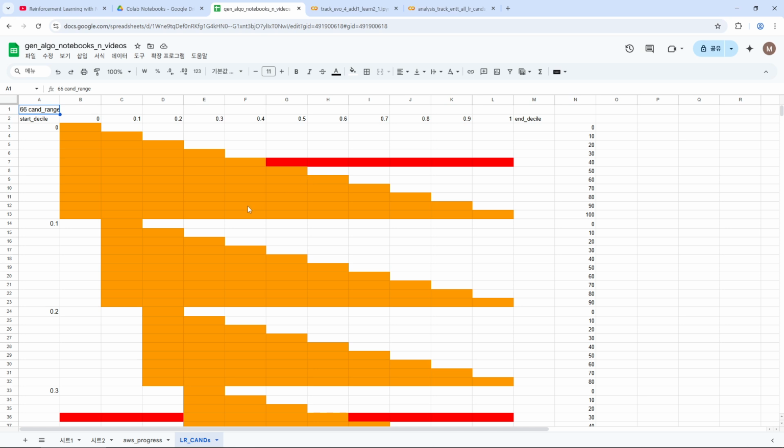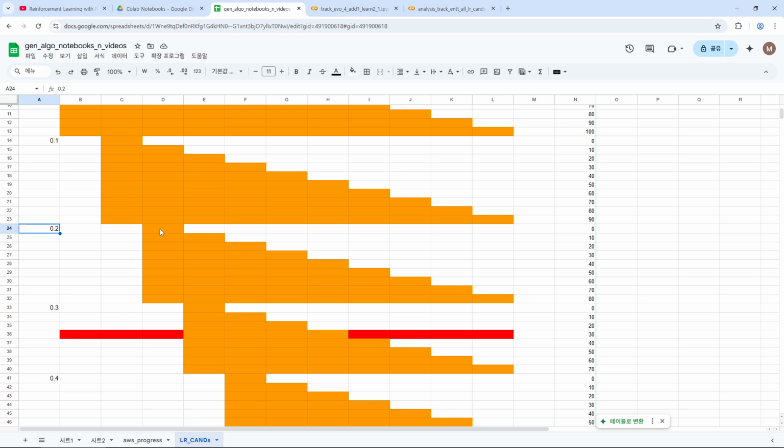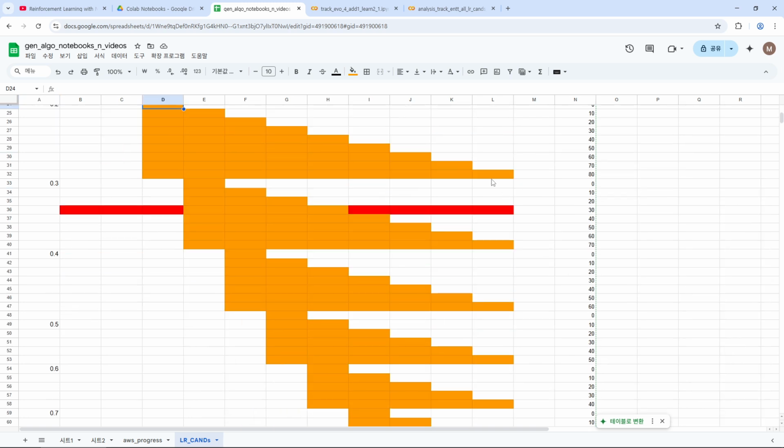So previously, this is how the candidates were chosen. We had a start decile and an end decile, and it would be from decile 0 to decile 0.1, decile 0 to decile 0.2, and on and on until 0 to 1.0, and then on to the next one, where the start decile is 0.1 and the end decile continues from 0.1 all the way up to 1.0, and then 0.2 being the start decile, and on until 1.0.